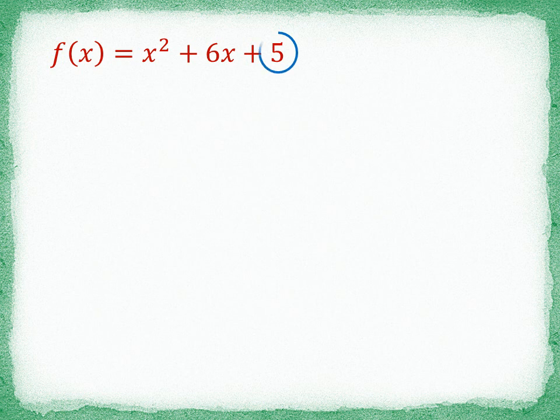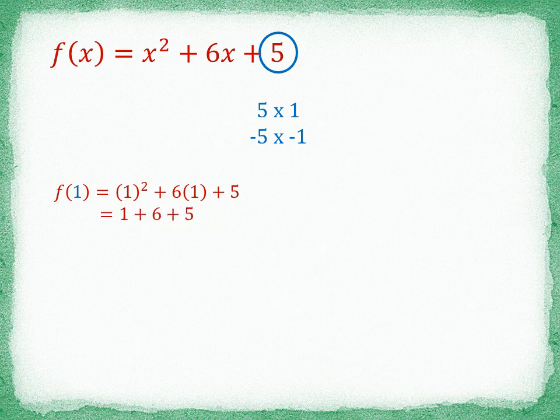So now we're using the factor theorem. In this case, f of x is equal to x squared plus 6x plus 5. To find the factors of this polynomial, we take the last term, 5, find the factors of 5, and then substitute each one into f of x. In this case, the factors of 5 are 5 and 1. So first we substitute 1 into f of x. We get 1 squared plus 6 plus 5. 1 plus 6 plus 5 is equal to 12.